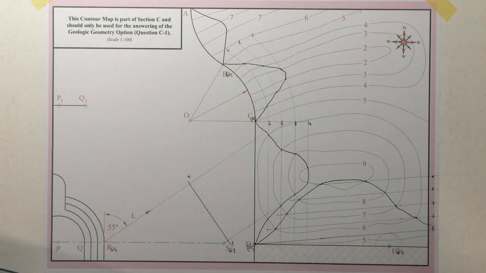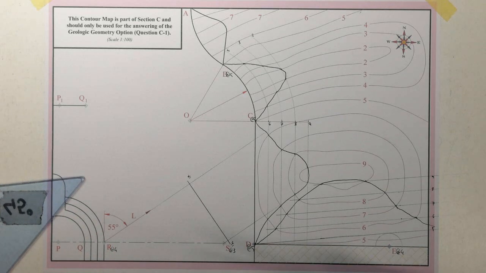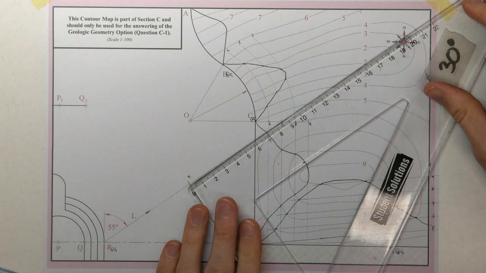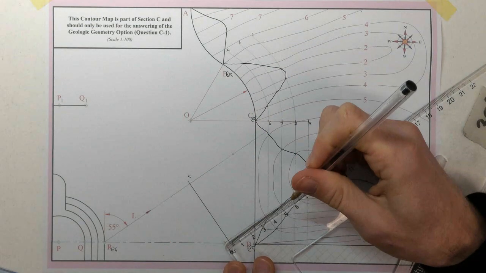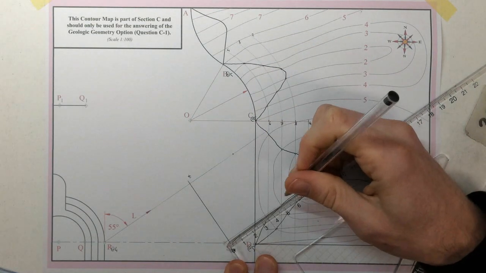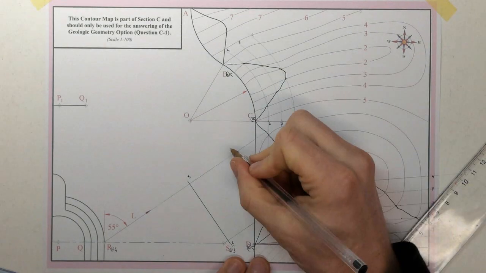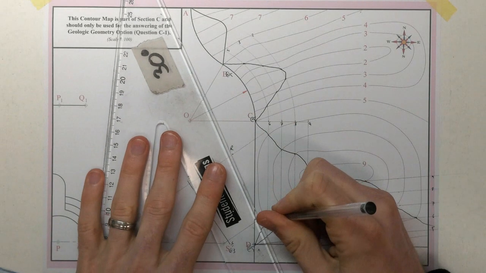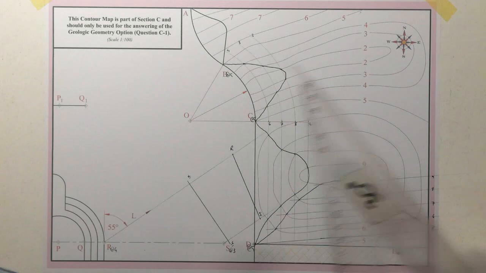Okay, they're telling us that R and S are at heights of 4 meters and 3 meters. So that's R, that's S, that's our edge view of them.